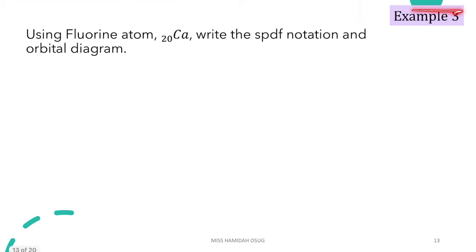Next, for example 3, you are given a calcium atom, and you are asked to write the SPDF notation and orbital diagram. So the proton number for calcium is 20, in which the number of electrons also will be 20 because this is a neutral atom.